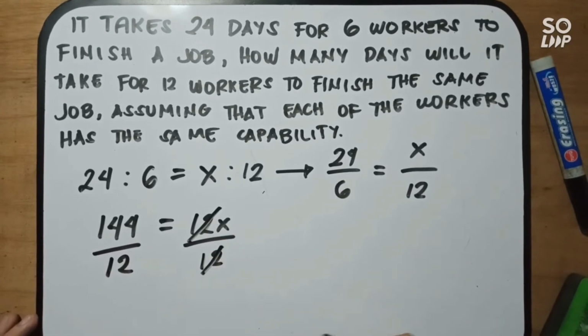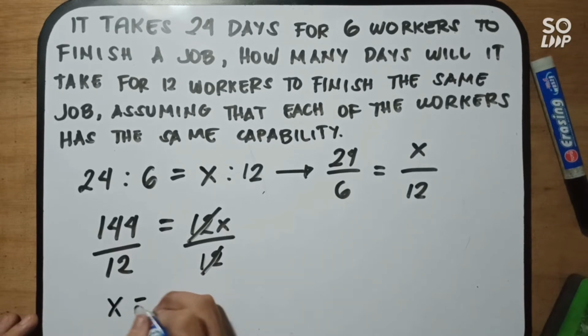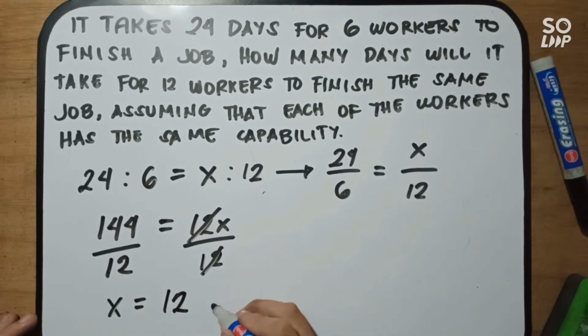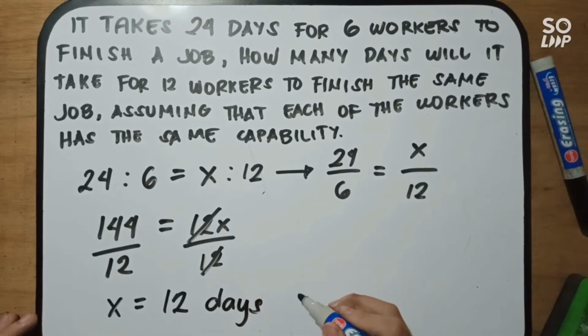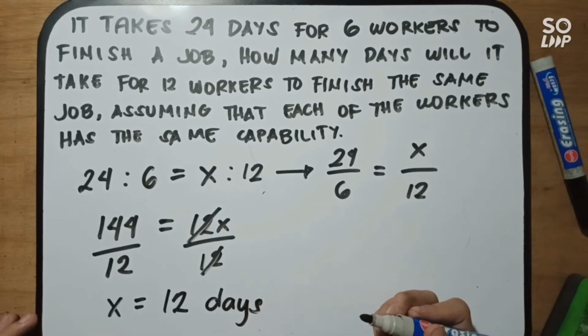Cancel the 12. So x is equal to 144 divided by 12, which is 12. Therefore, it will take 12 days. It will take 12 days for 12 workers to work on the same job.